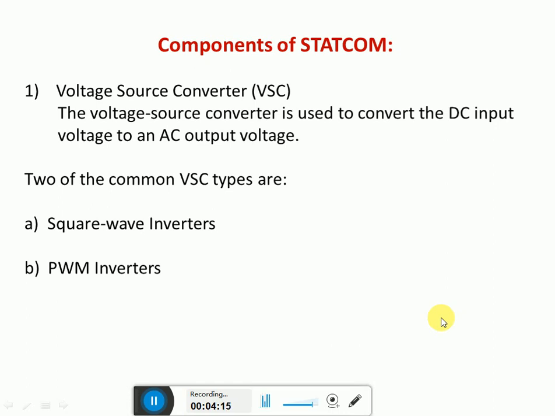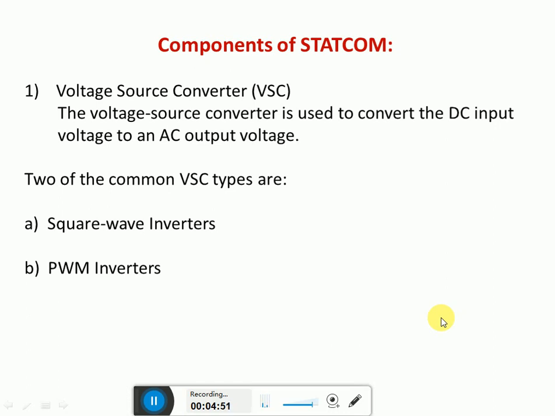Now what is a PWM inverter? A PWM inverter uses pulse width modulation techniques to generate the sinusoidal waveform from a DC input voltage. An IGBT based voltage source inverter utilizes a fixed DC voltage to get variable AC at the output side.